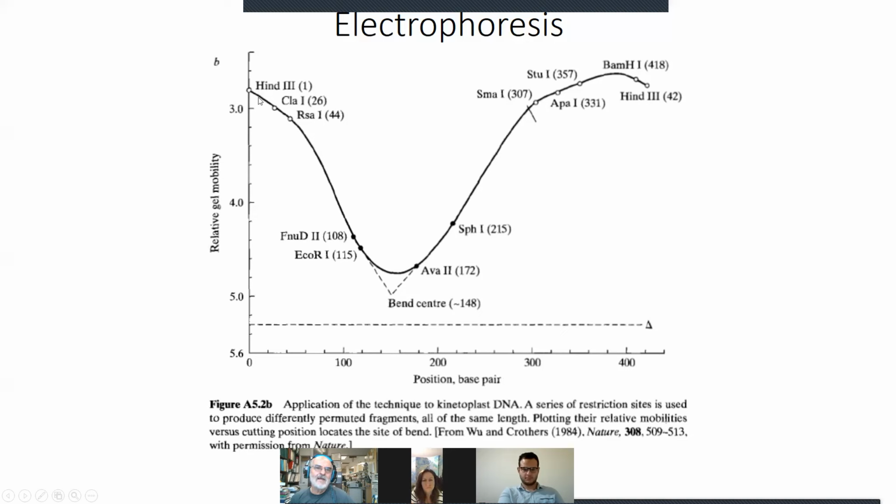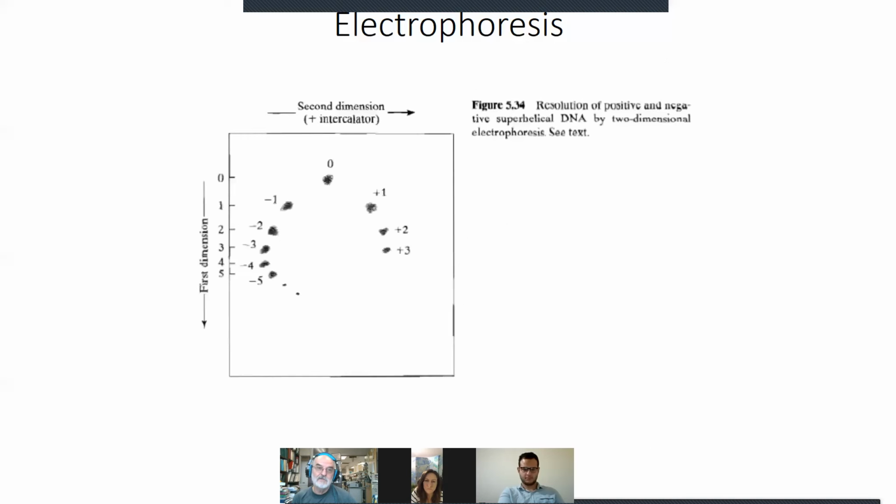You would get dramatically different mobility, and this is relative mobility on a gel. Relative means relative to the dye front. And the mobility that you get would change dramatically depending upon where you cleave the DNA and where the bending was. Okay, and so it was an interesting way of studying this phenomenon at the time. Maybe the general take-home lesson is that shape matters in electrophoresis.